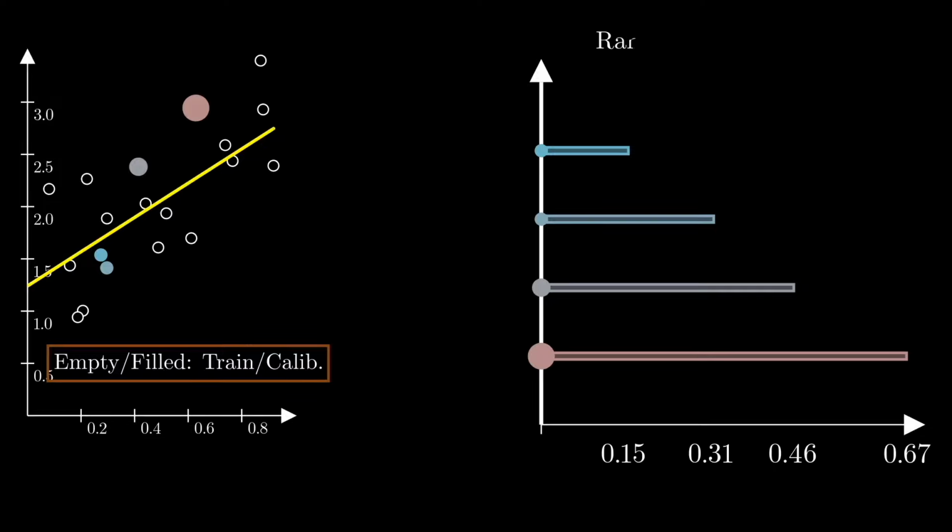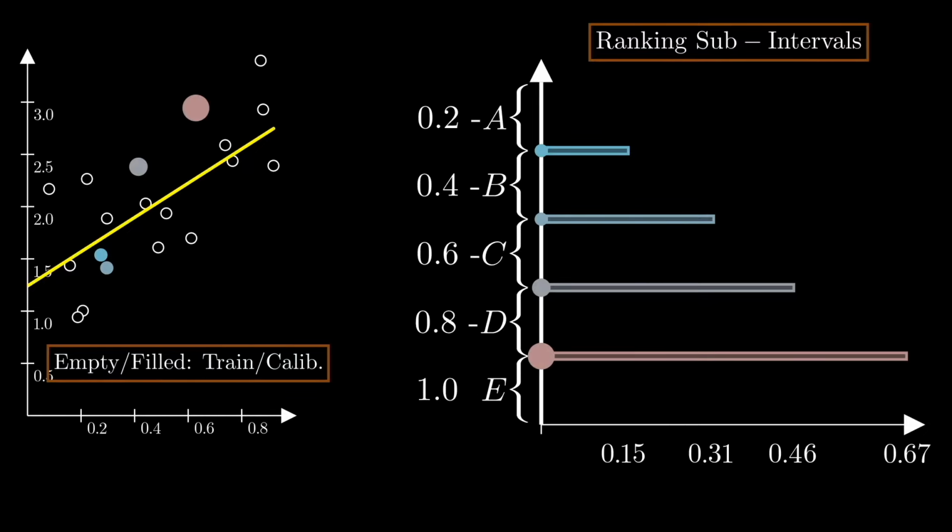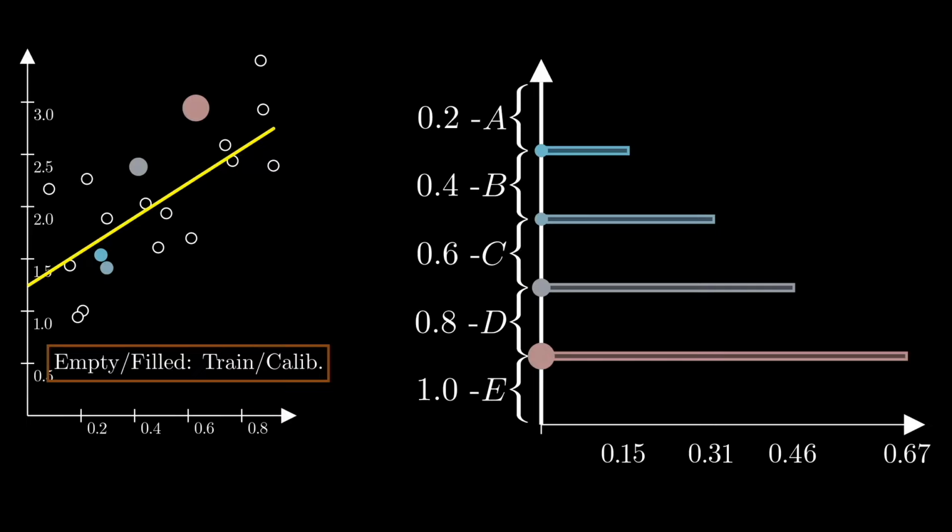Let's call them ranking subintervals and give them names A, B, C, D, and E from the top to bottom. Their corresponding confidence levels are 0.2, 0.4, 0.6, and 0.8.